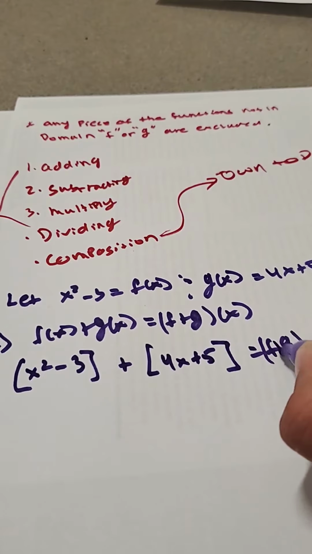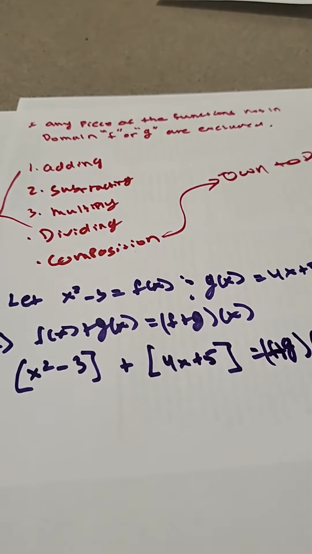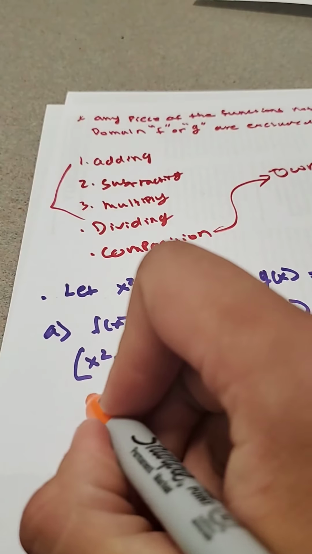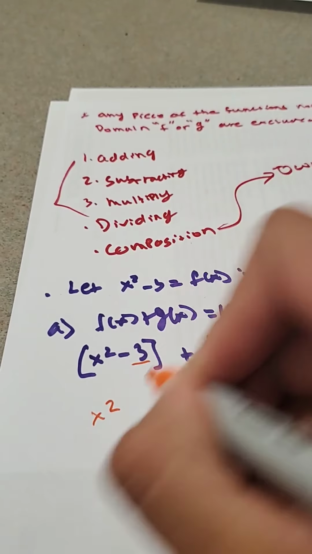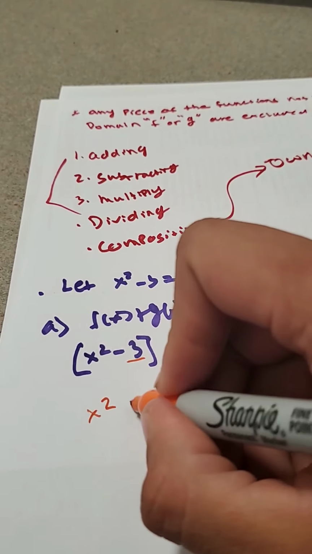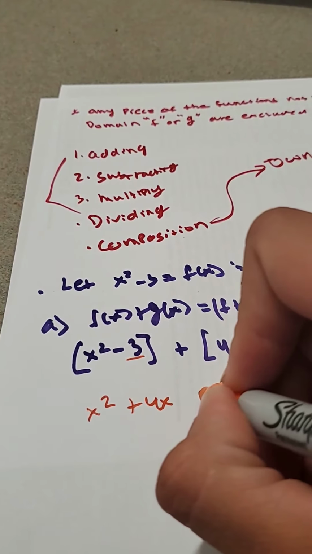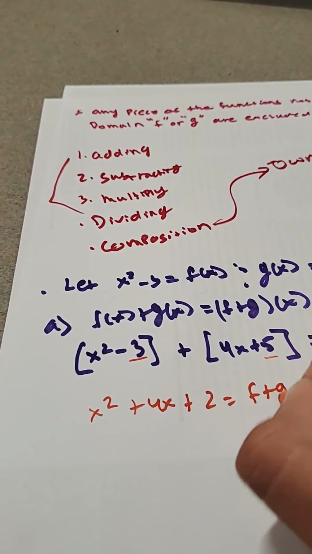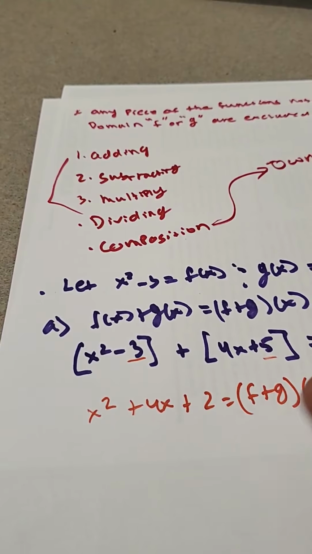Sorry, guys. Essentially, we combine like terms, and we get x squared plus 4x plus 2, is equal to f plus g of x.